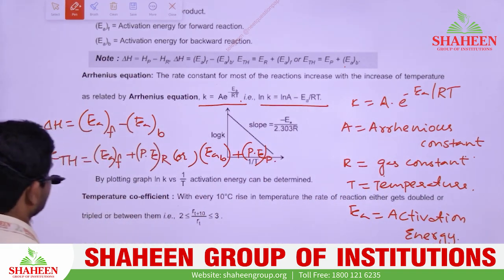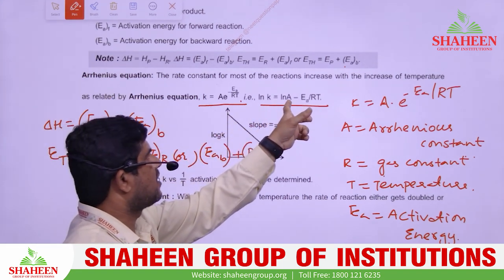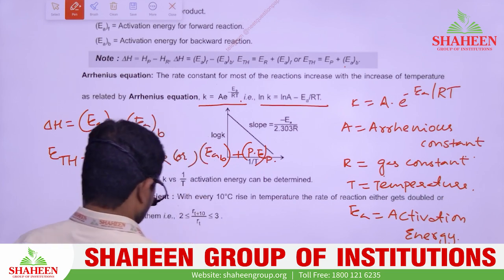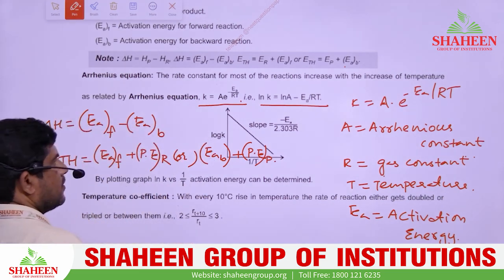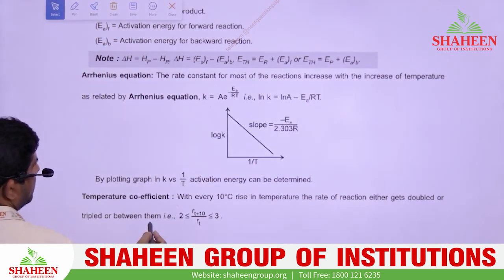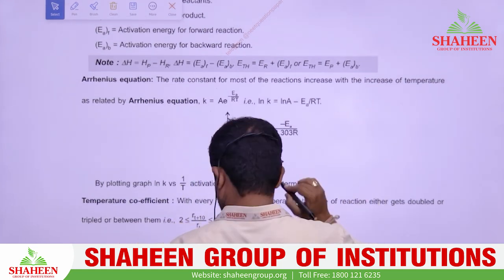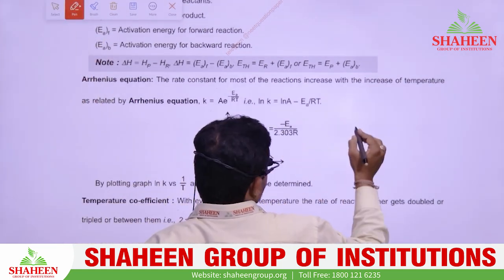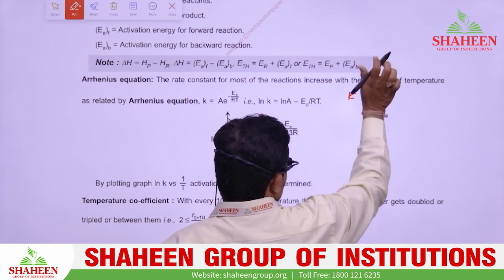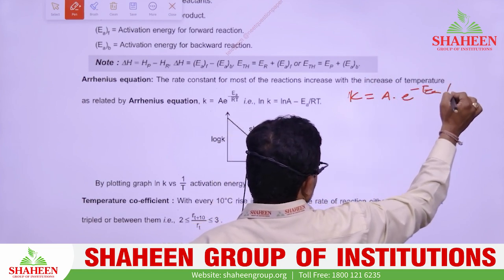Activation energy. Okay, so by plotting the graph of log k versus log A minus EA by RT, the graph can be given like this. Here in this equation, k is equal to A e power minus EA by RT.